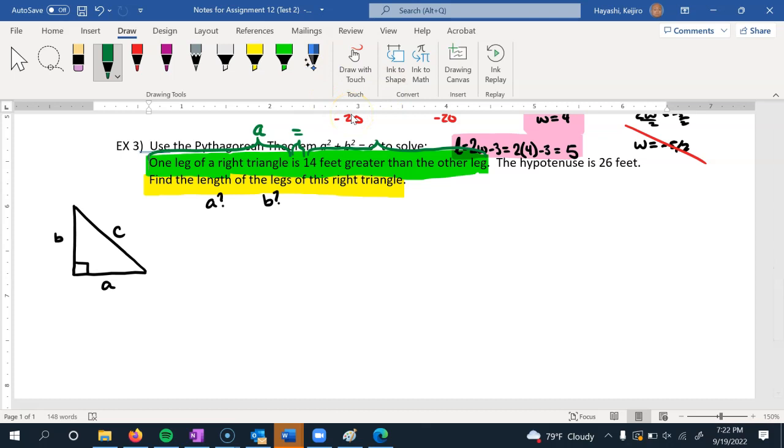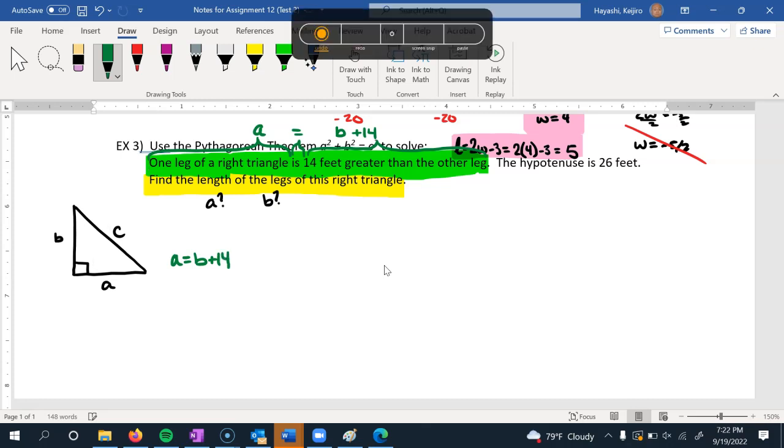So what is the other leg? The other leg is represented by b. And what does it mean to be 14 feet greater than? What am I going to do to b? Add 14. A equals b plus 14. That is a fact that we know.